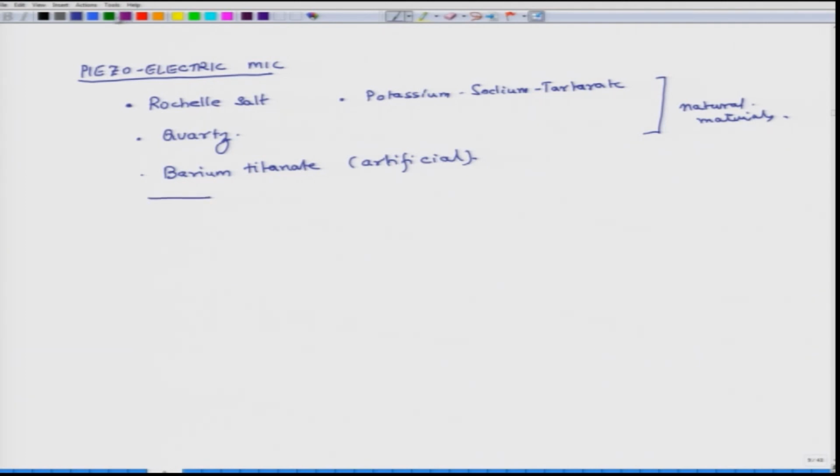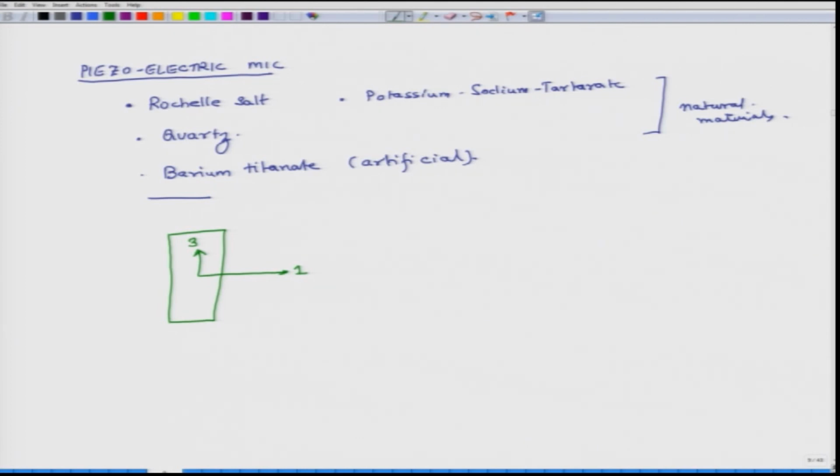To understand that, let us draw a picture. Suppose this is a crystal, a piezoelectric crystal. And a crystal has specific material axes. Let us say this is axis 1 and this is axis 3. How do I decide the axis?